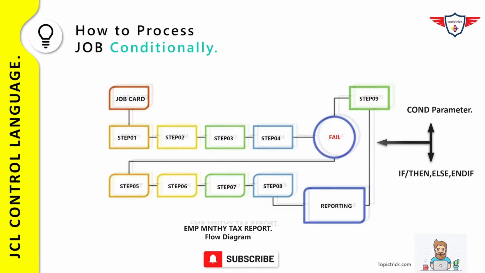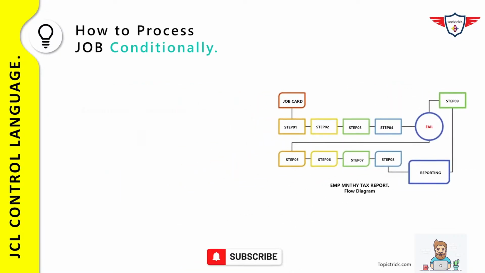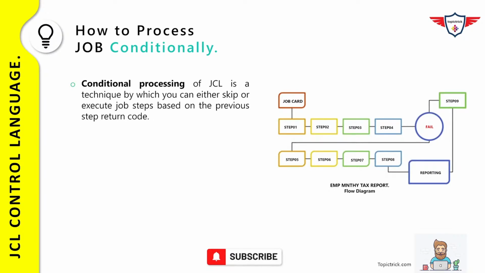Now let me quickly summarize the important points that we have discussed so far, and after that, I'm going to explain the syntax of the JCL conditional parameter and the if then else statement. The first point is that conditional processing of JCL is a technique by which you can either execute or skip a job step based on the previous step return code.